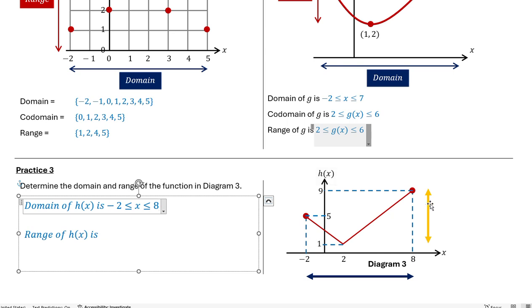See, I put here the blue color for domain, and range in the yellow or orange color. So the lowest point is 1 and the highest point is 9. So what's the range? Range is 1. What's the name of the function? Use the name of the function for range, hx, and the highest point is 9.